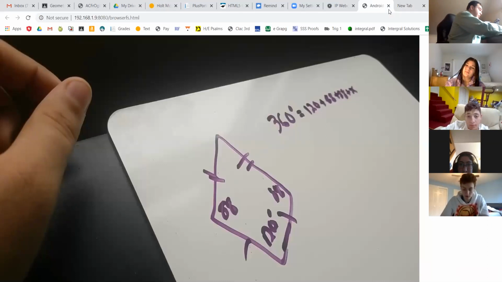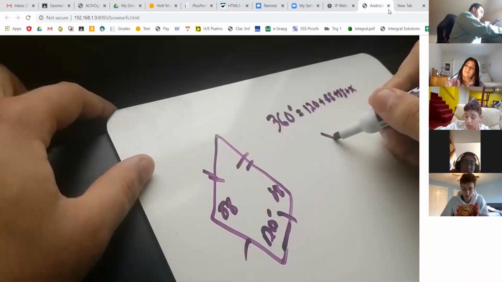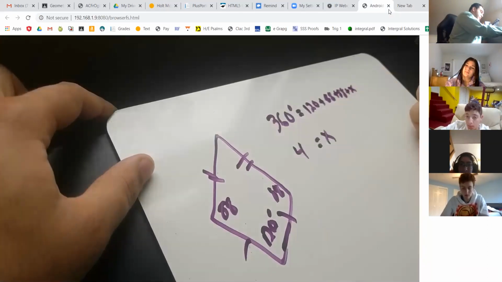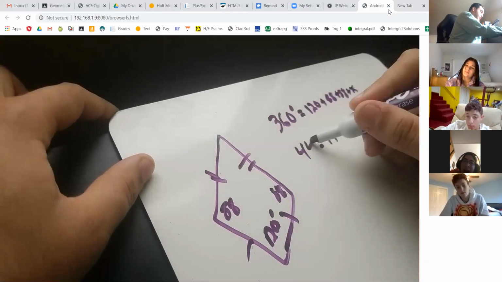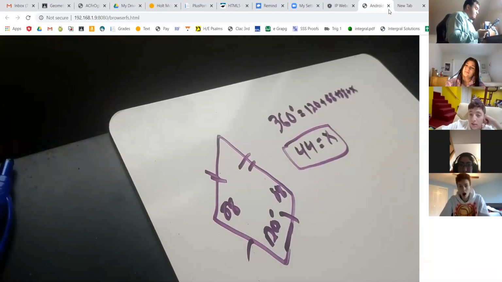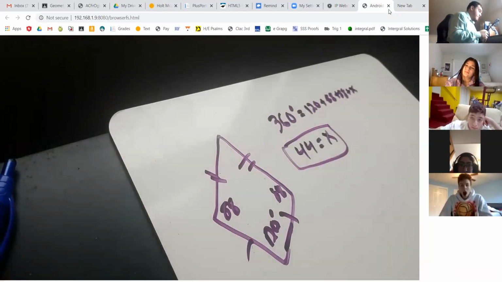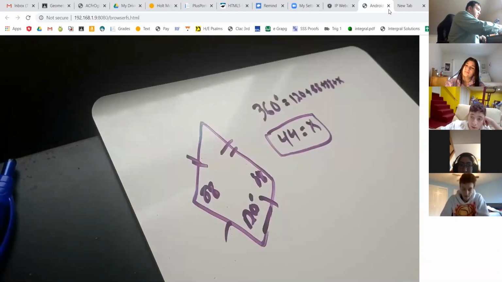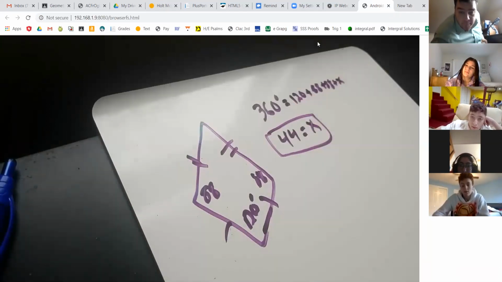I'm just going to trust that so we could be a little faster. But you would just add up all these pieces and then set that there, okay?